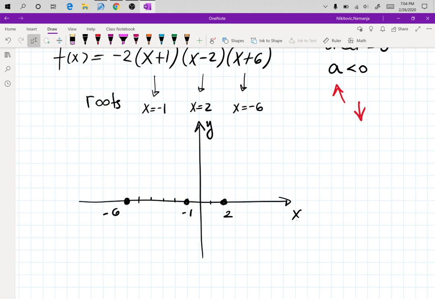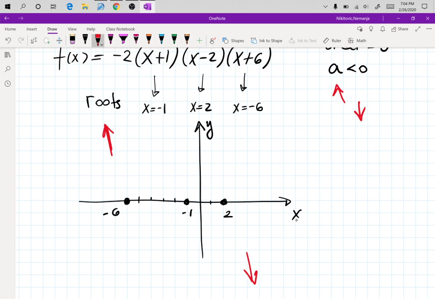In this example, since this is my root all the way to the left, I will start my arrow up there, and I will have the arrow down over there, because those arrows should always be outside of the roots. Each one of these roots is a single root, which we call multiplicity 1. I'll come back to that in two minutes.